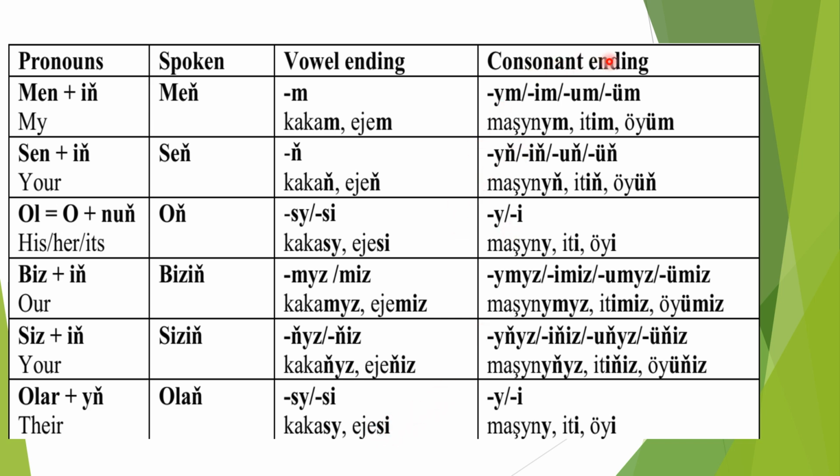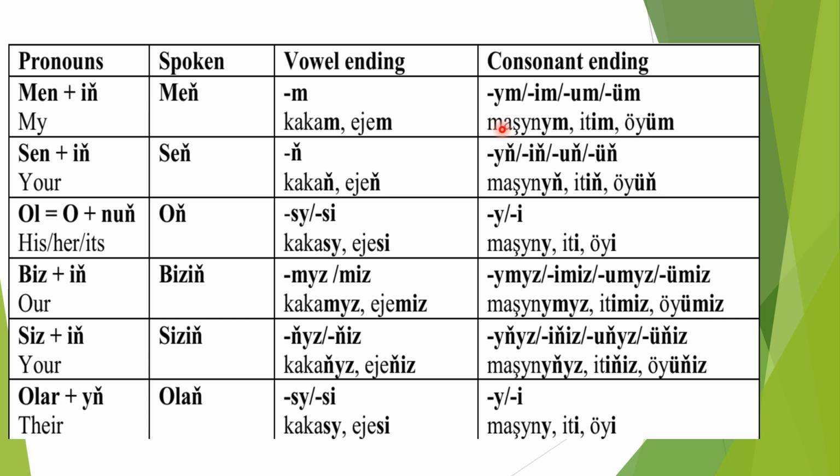Now, consonant ending. If the word ends with a consonant, for example, meniň has lots of suffixes: ym, im, um, üm. It's according to the front and back vowels, and after the round vowels.